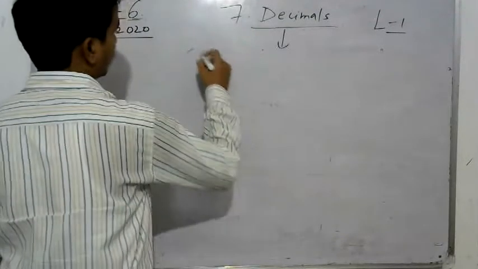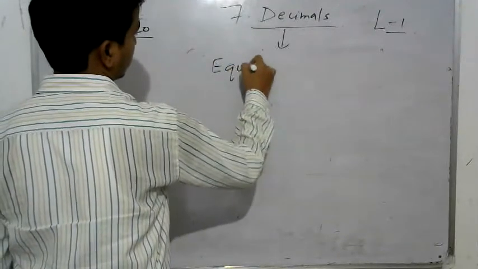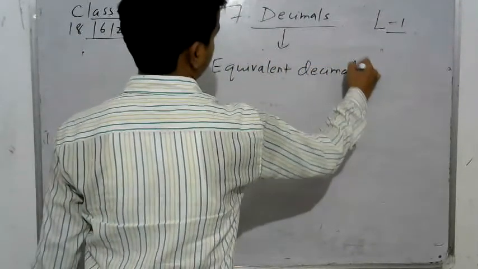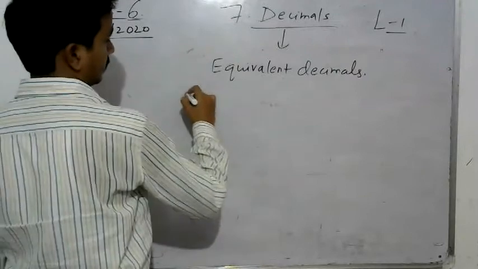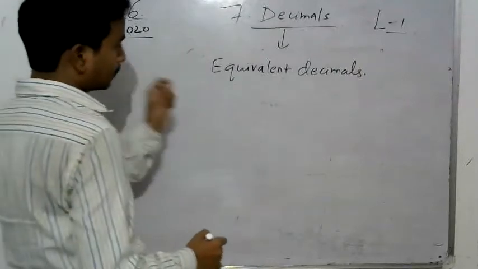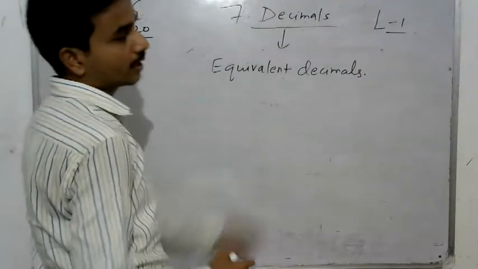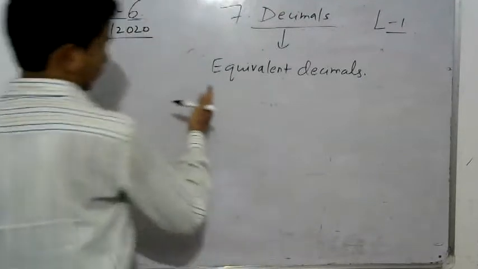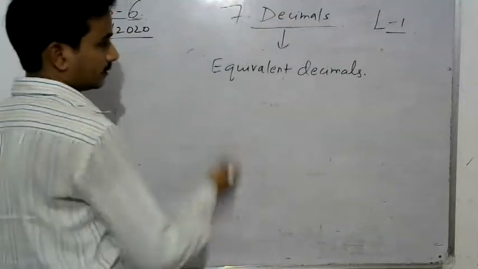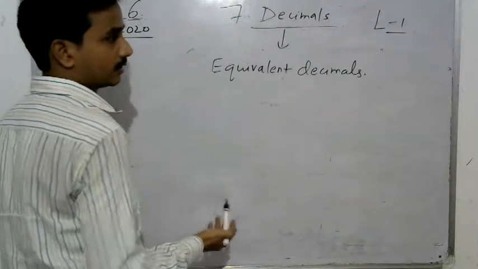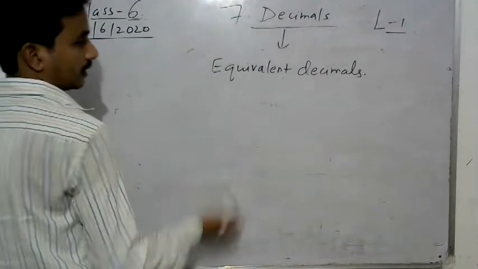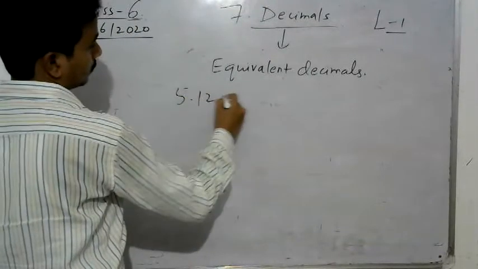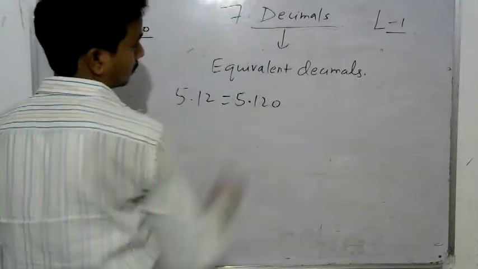Now one more decimal type is equivalent decimals. So what are equivalent decimals? If you put any number of 0s in the last part of the decimal, in the fractional part of the decimal, the value of the decimal remains the same. Suppose 5.12 is equal to 5.120.